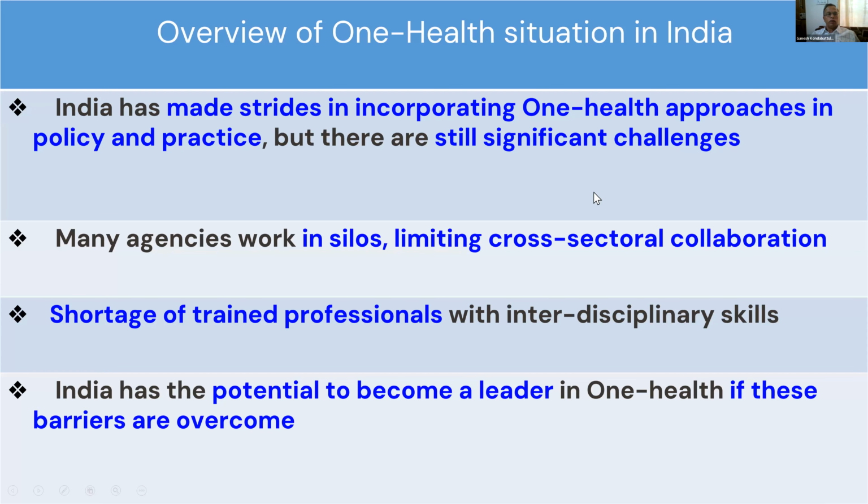Overview of One Health situation in India. India has made a lot of progress by incorporating the One Health approach in policy and practice, but there are still significant challenges.